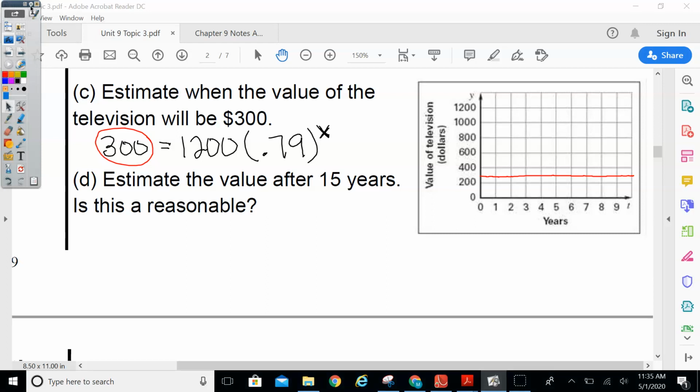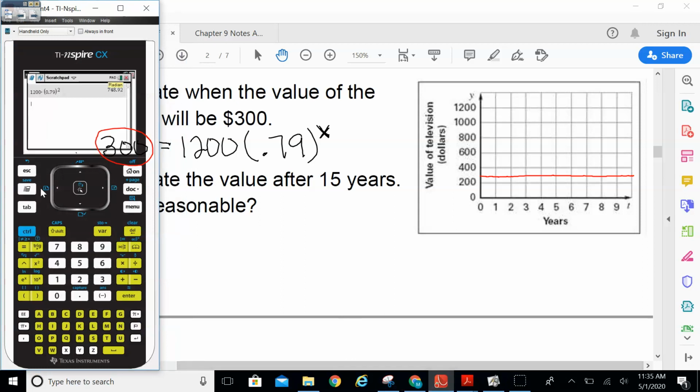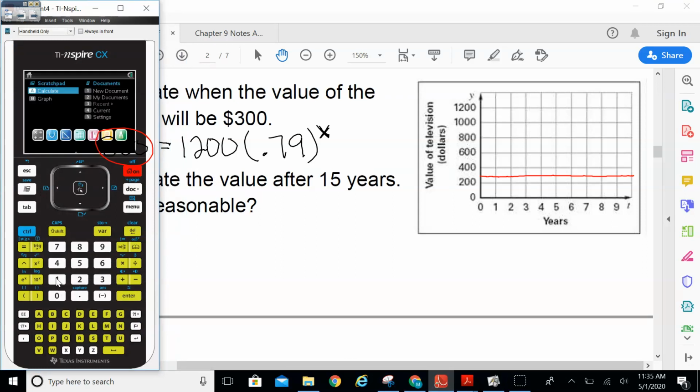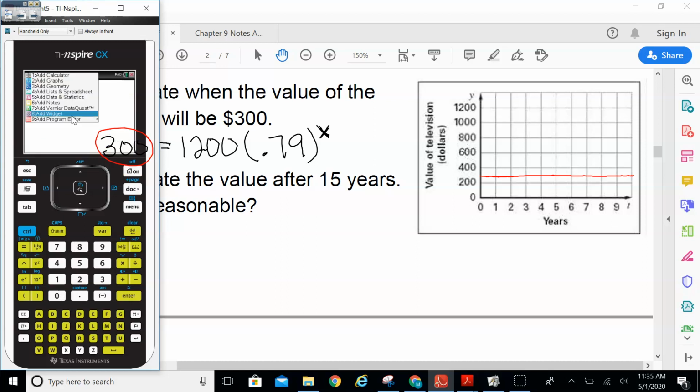Okay, so again, going back to your graph. I'm just going to clear everything. So new graph. I'm going to put this equation 1200 times 0.79 to the x power as my first equation. And then tab for my second one, I want to know when is it 300.